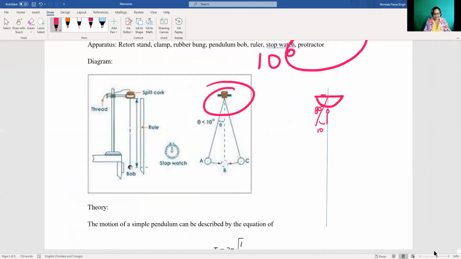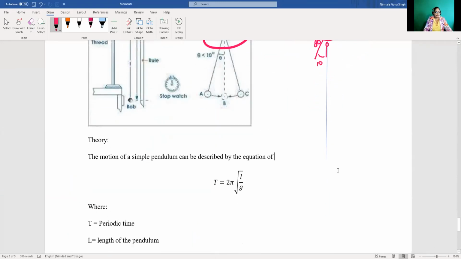So let's see. The motion of a simple pendulum can be described by the equation T equals 2 pi times the square root of L over g, where T is your periodic time. That's the time it takes to make one oscillation. That is one oscillation is your periodic time. L is the length of your pendulum.